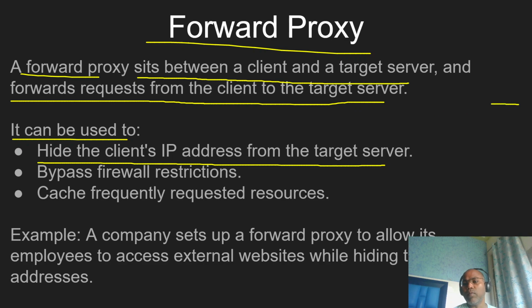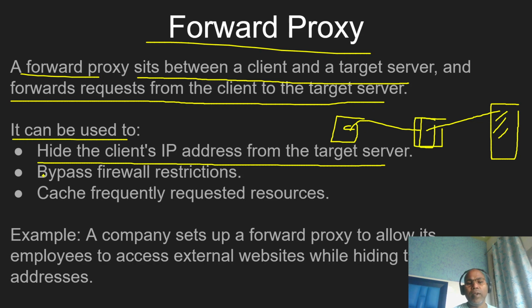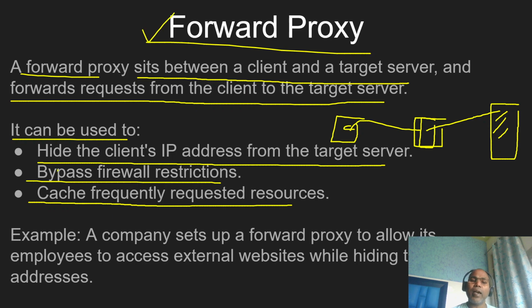Somehow I want our original server not to know the client IP. So in this way the proxy may bypass restrictions or cache frequently accessed content. Here, a forward proxy can cache your requests, bypass restrictions and hide the client IP.